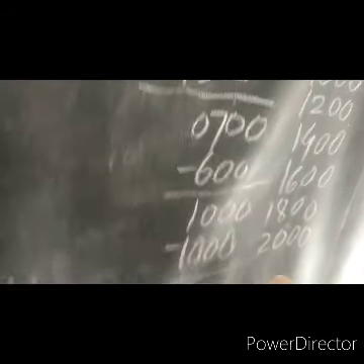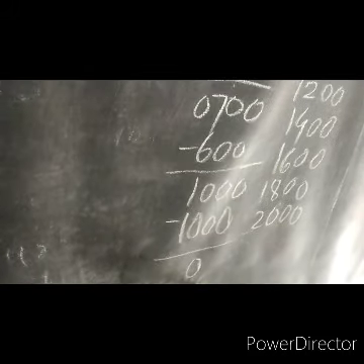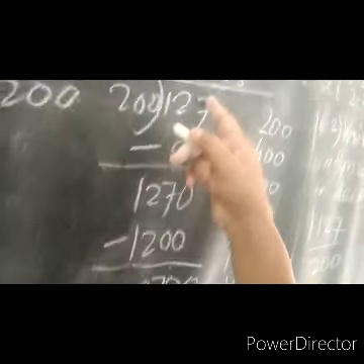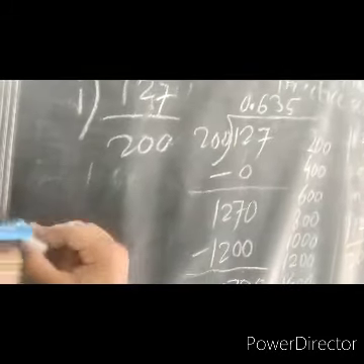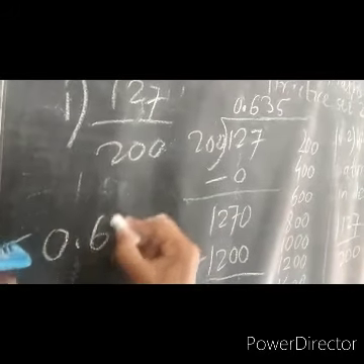Now 1000 minus 1000, that is 0. Now here the remainder becomes 0. The process ends. This is an example of terminating type. And we got the answer in decimal form, that is 0.635.